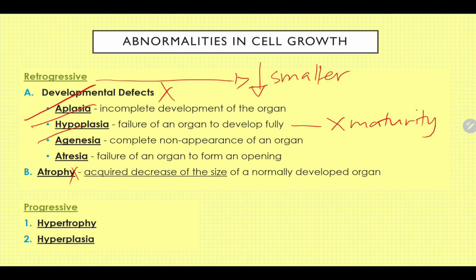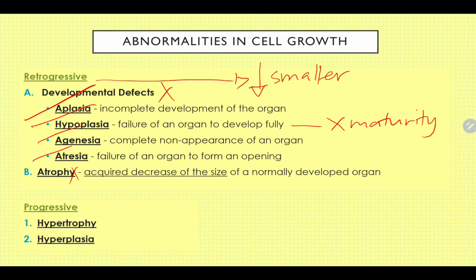We also have atresia, the failure of an organ to form an opening. We have this type of developmental defect in some children. I don't know if you heard, there are some cases where the anal region of the child has no opening, so there is no way for the poop to come out.